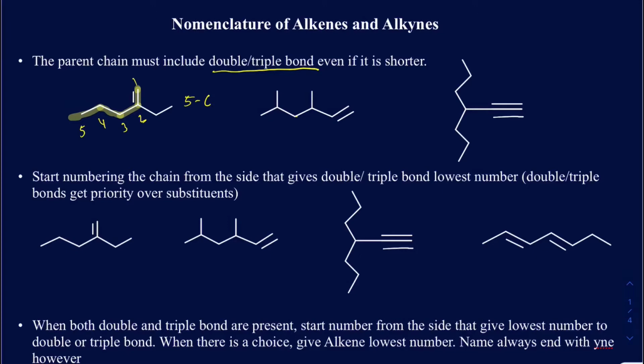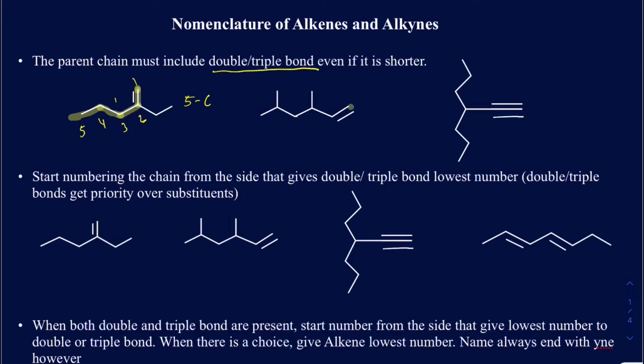Obviously if I exclude the double bond and just go from left to right, it's 6 carbons, but that does not have the double bond, so you can't pick that one.